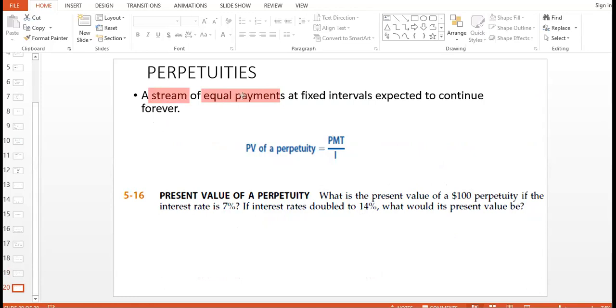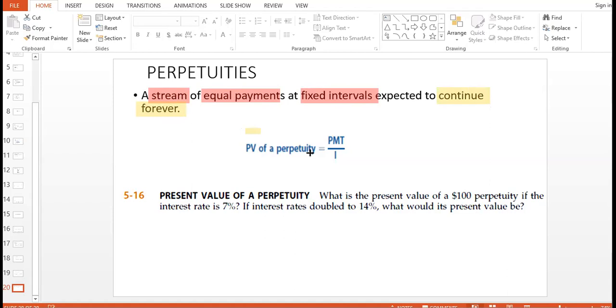The payment is equal, means that if the first payment is $10,000, the second is also 10,000, third is also 10,000. The interval is also fixed, means each time the time interval should be fixed. That is, if one payment is after 1 year, the second payment is also 1 year. The third payment will be also 1 year. But you know, the differentiating factor is continue forever.